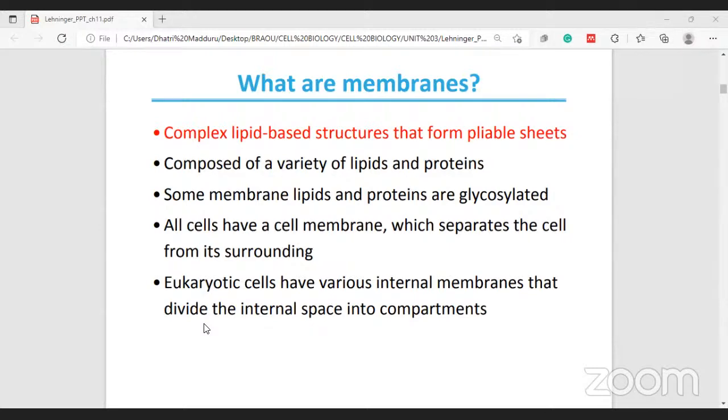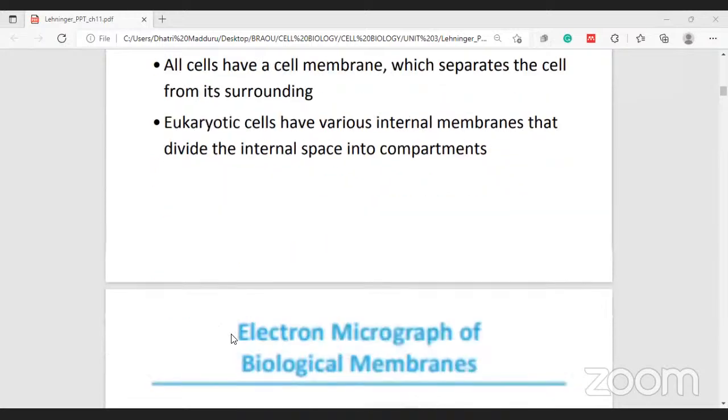In the last class, we already discussed membranous and non-membranous organelles, like mitochondria, chloroplast in plants, endoplasmic reticulum, and nucleus. These have membranes surrounding them. So even within the internal space, it is discriminating or differentiating the structures from the others.